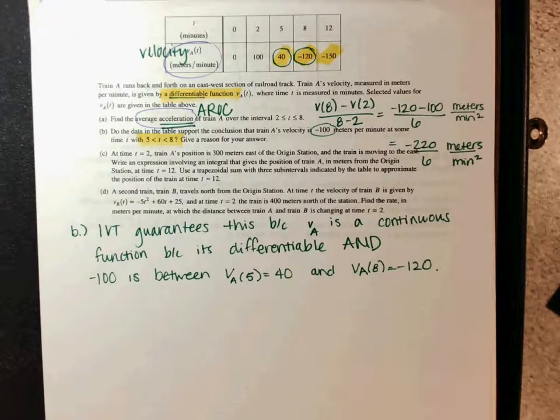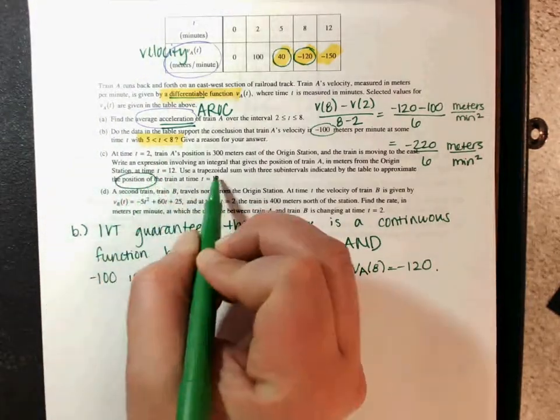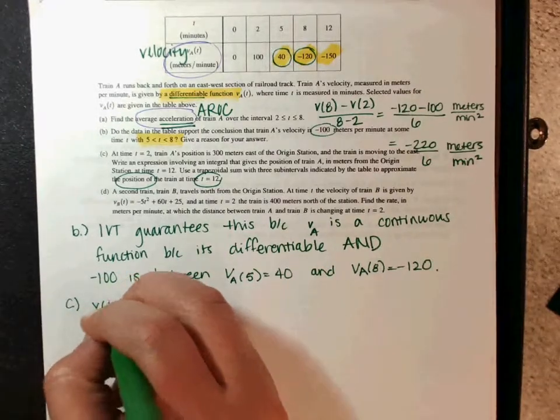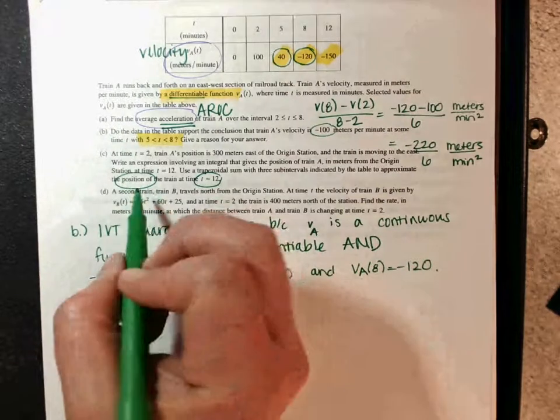Okay, lots of stuff here. Let's kind of break it down. We want the position at time 12. So the first thing that I'm going to set up is that I want to know the position at 12. Now remember, X and S are the letters for position. Okay, so I'm going to pick X, but you could pick either one. So X of 12 equals.